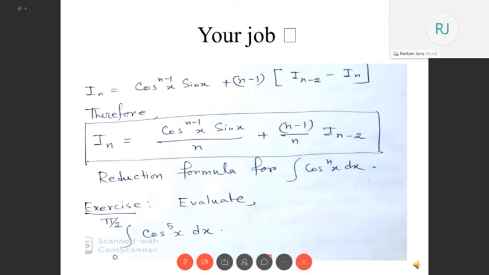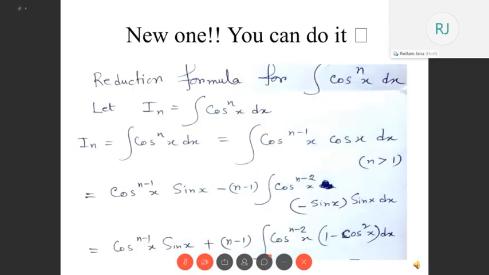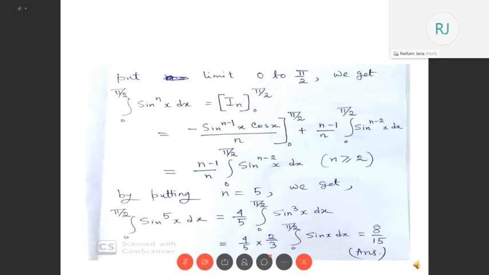First you have to put the limit 0 to pi by 2, and then put the value n equals 5, and finally, just see this case, sine to the power 5x dx. First you put the limit, and then you put n equals 5.